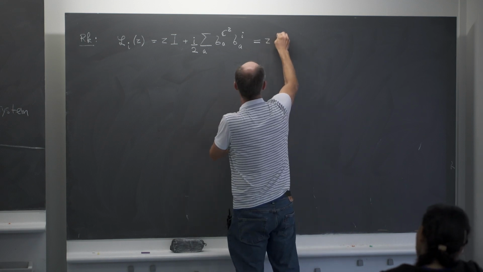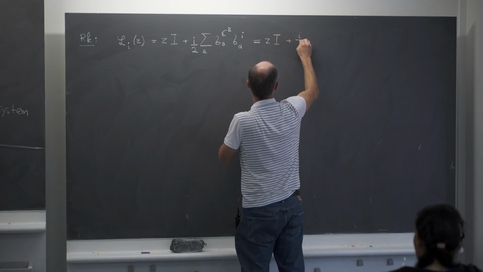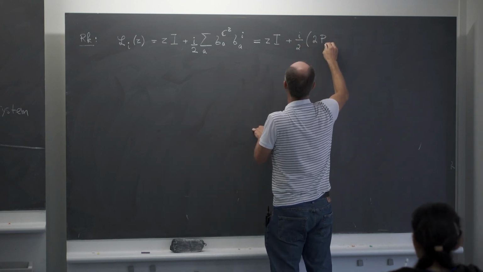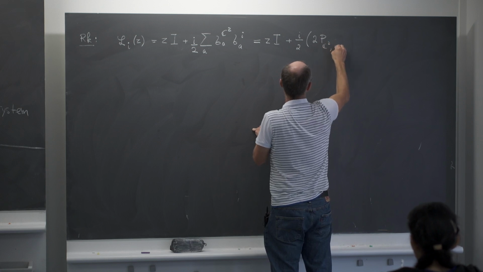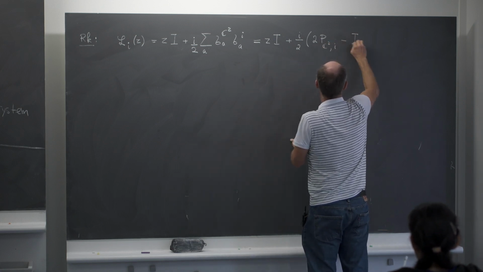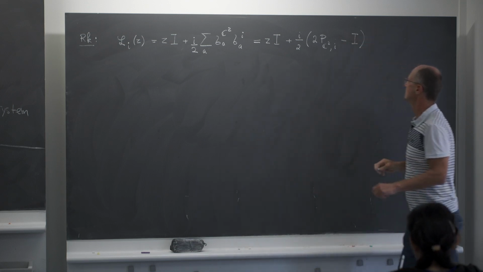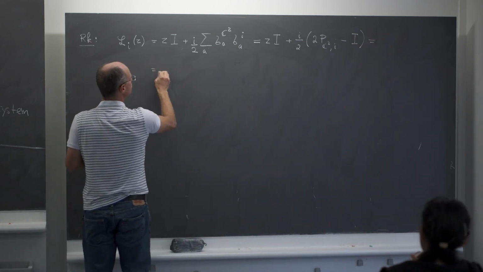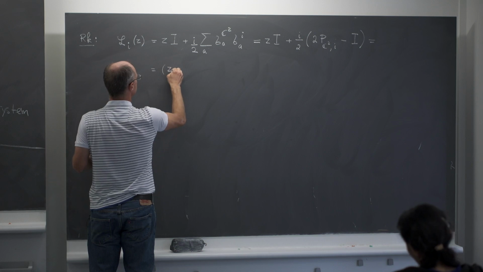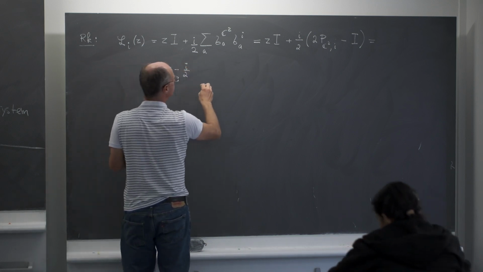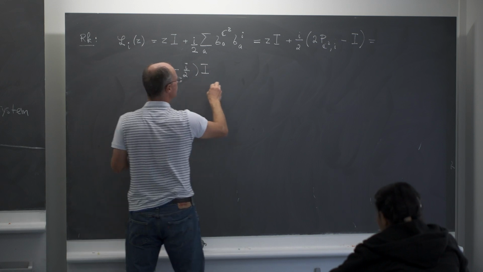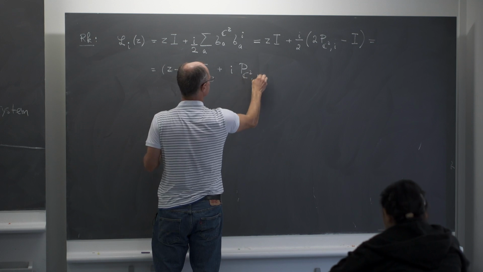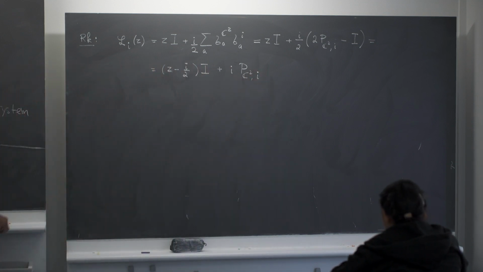So we can rewrite this operator as a linear combination of the permutation between auxiliary space and I minus the identity. So let me rewrite it one more time as z minus I over 2 times identity plus I times the permutation.